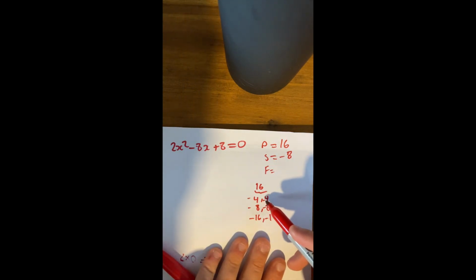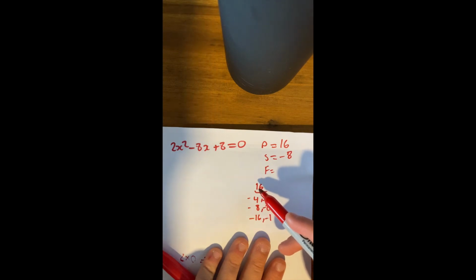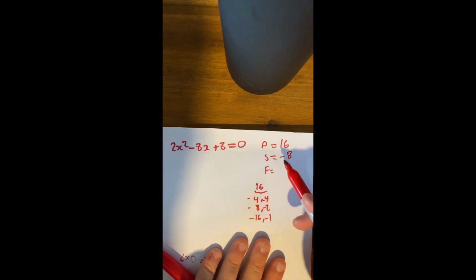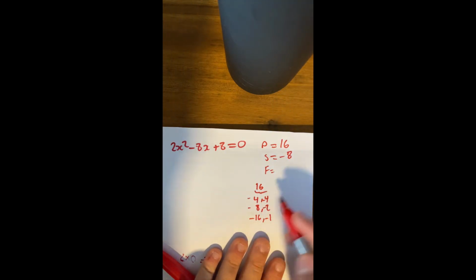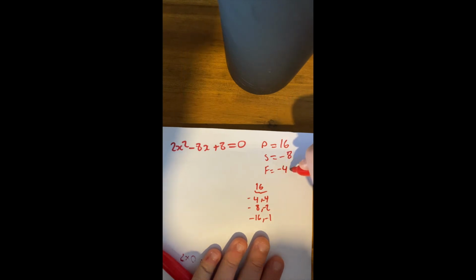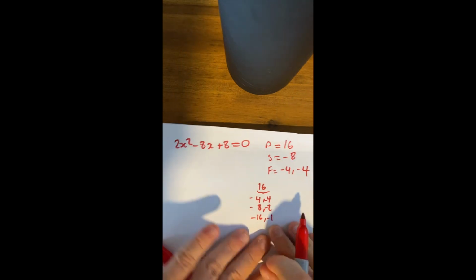So now from this list, which factors, while multiplying to 16, also add to a sum of -8? And we can see that's -4 and -4. So our factors are -4 and -4.